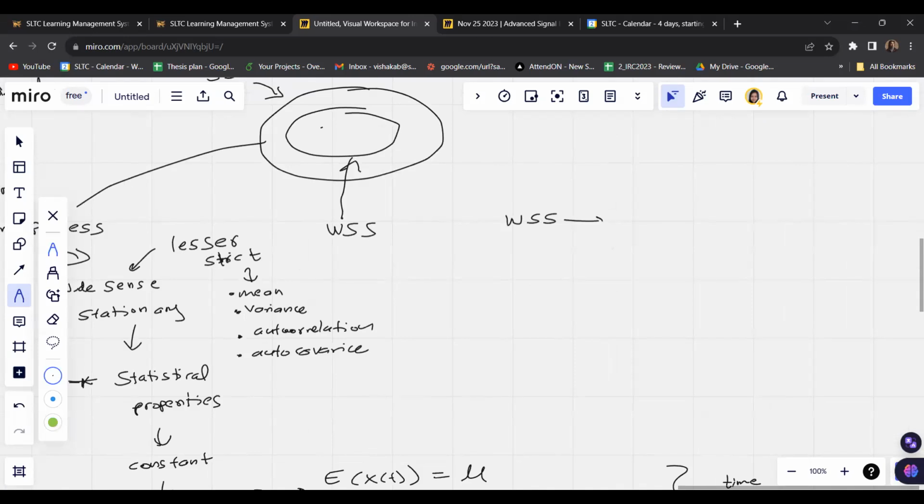It doesn't mean that all the nth order statistics are constant. So WSS are not equal to SSS all the time.